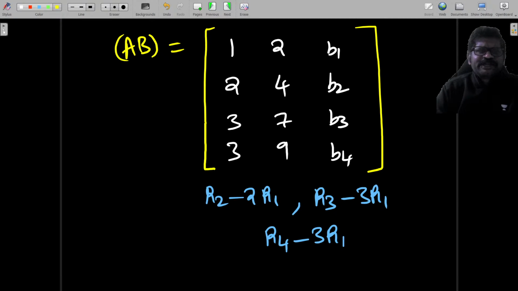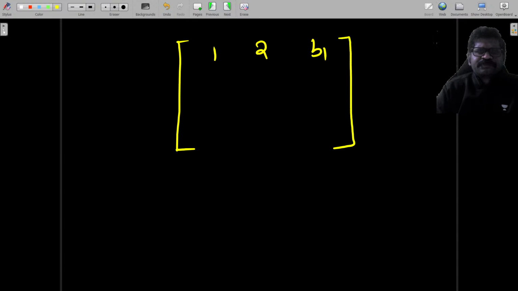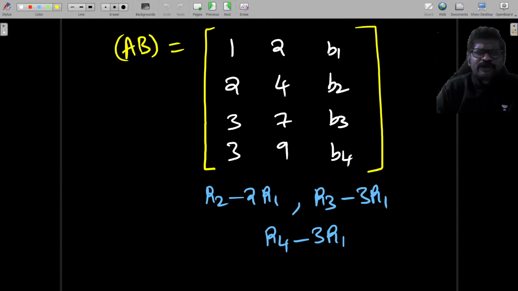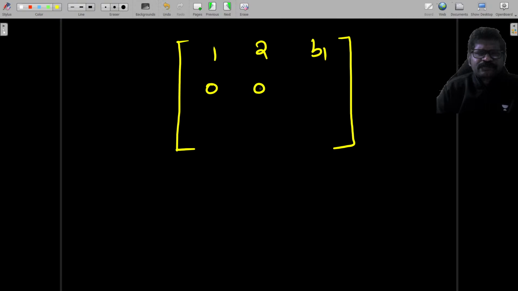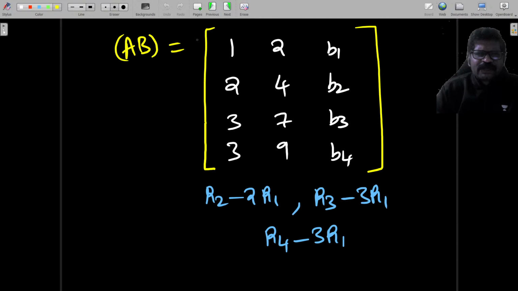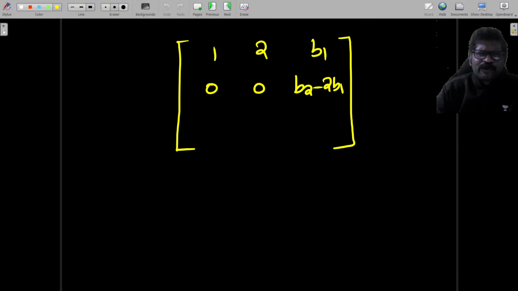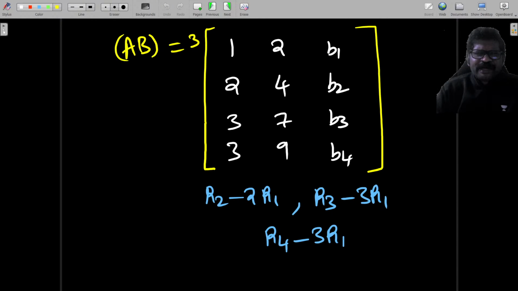By applying these operations, we get 1 2 B1, 0 0 B2 minus 2 B1. R3 minus 3 R1: 3 minus 3 is 0, 7 minus 6 is 1, 0 1 B3 minus 3 B1.